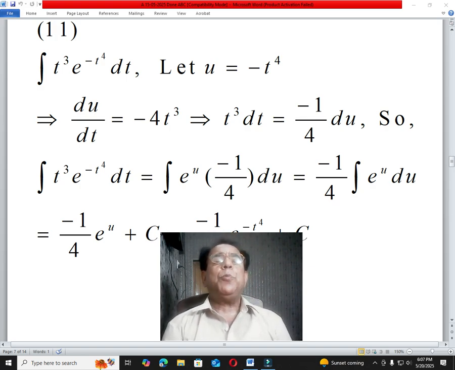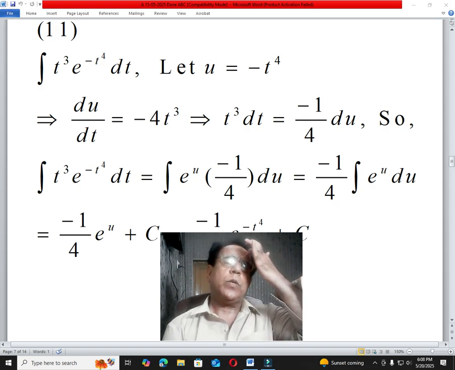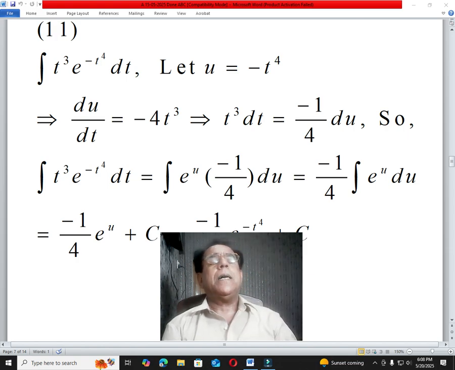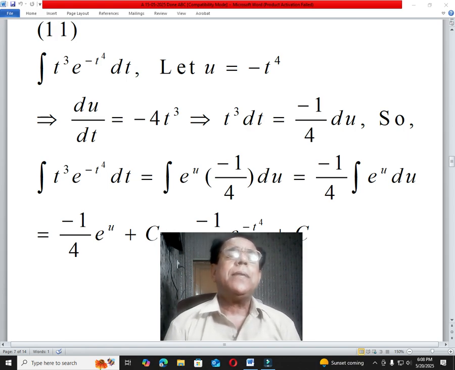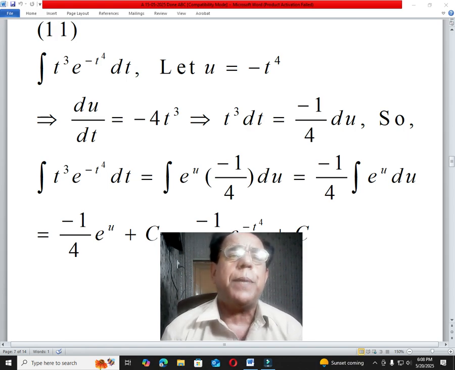The power or exponent appears as a multiplying factor, and then the power or exponent is reduced by one. First, the exponent appears as a multiplying factor, and then in the second step, the power or exponent is reduced by one.